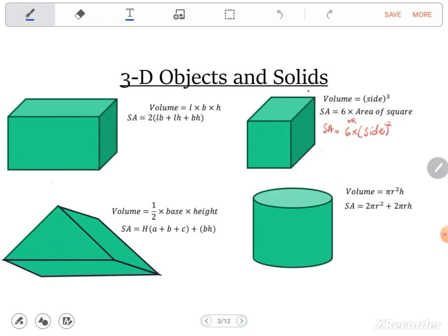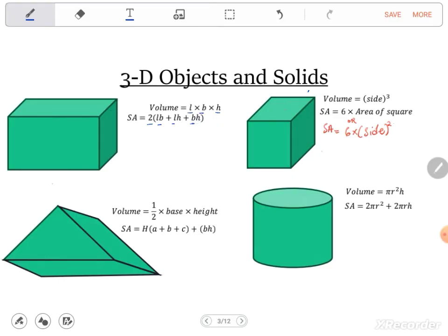Now, let's look at the formulas again. In a rectangular prism, the volume is equal to length times breadth times height, and the surface area is 2 into length times breadth, plus 2 into length times height, plus 2 into breadth times height.